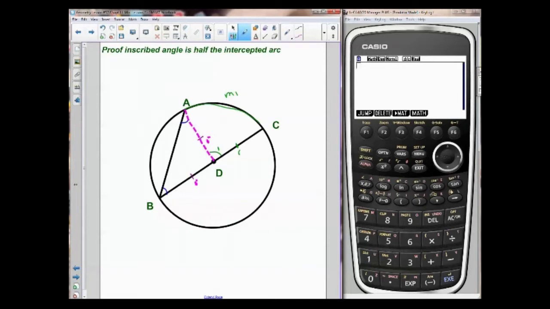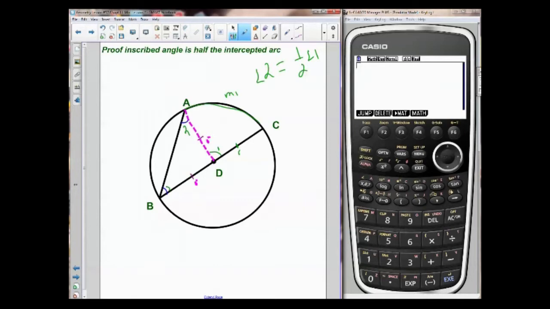So if these two angles are equal, and they're also equal added together, these two angles equal to this one together, then one of these angles is half this right here. So call this angle 2 and angle 3. Angle 2 is equal to 1/2 of angle 1. All right? So angle 2 is equal to 1/2 of angle 1. Because these two angles are equal, both these added together equal to this one.